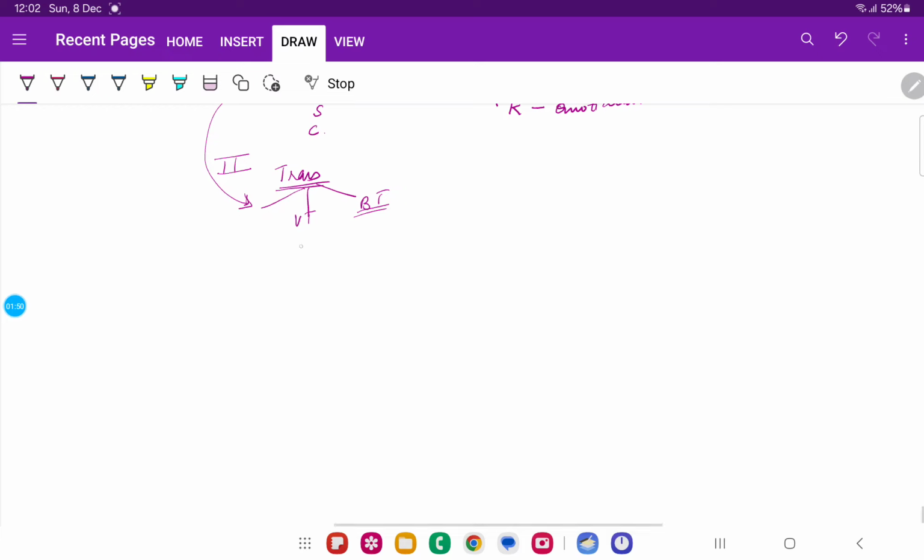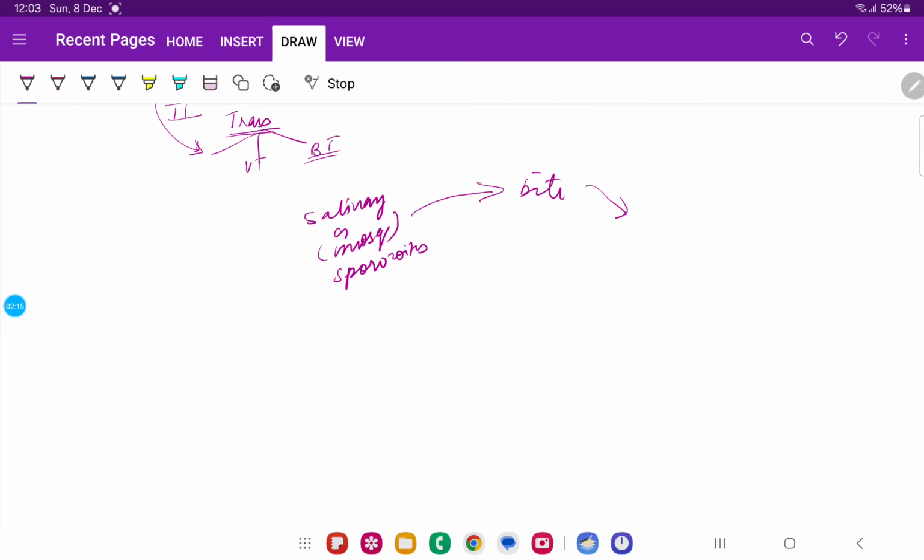Coming to the life cycle of the parasite, how this works. Basically, the salivary glands of the mosquito have sporozoites. This mosquito will bite a human, and it will lead to these sporozoites entering into the circulation.